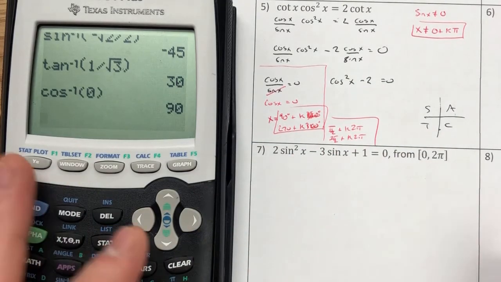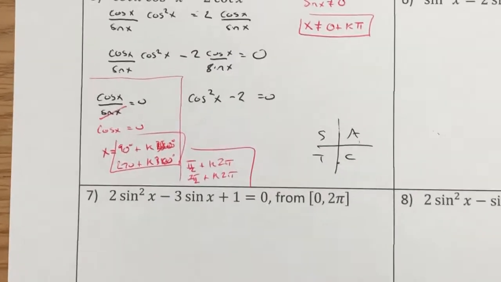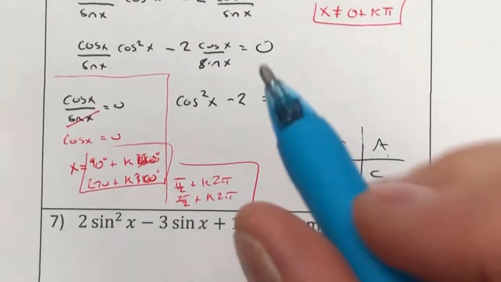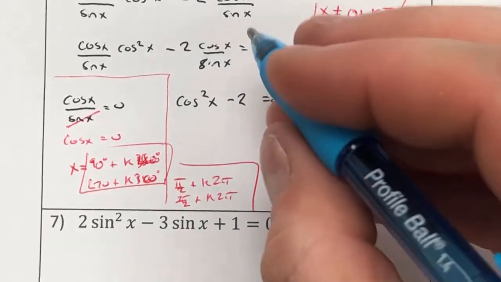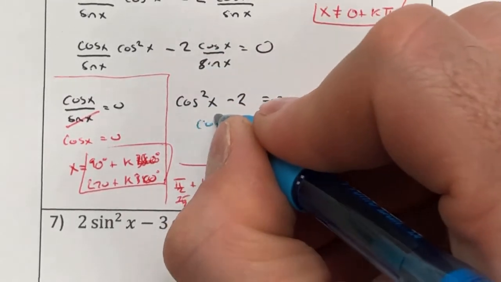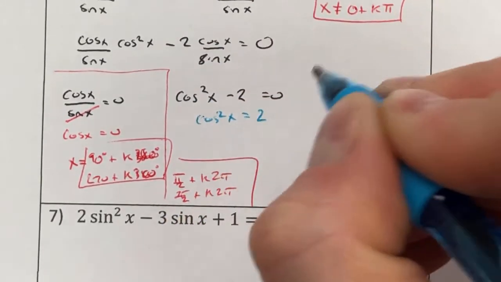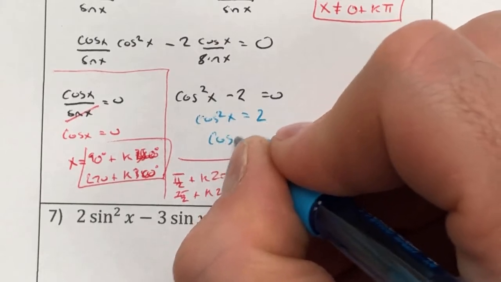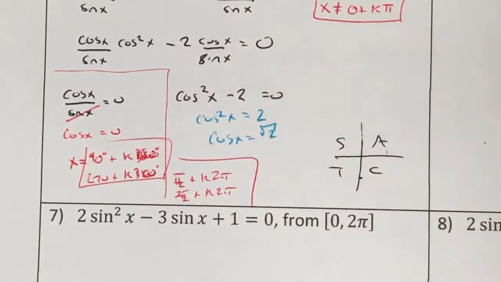The problem that I run into with this one is with my second value, and this is going to give me a non-real answer, or something that doesn't work. I know that the cosine squared of x is going to be equal to 2. I know that the cosine of x is going to be equal to root 2.